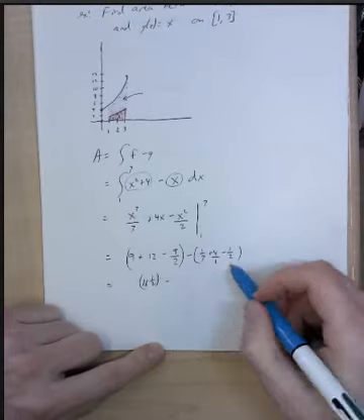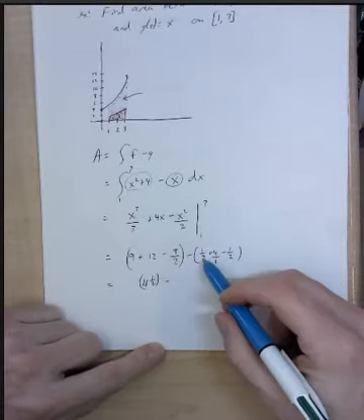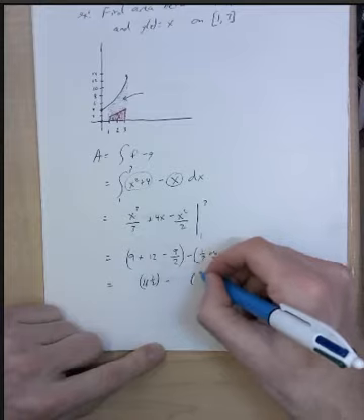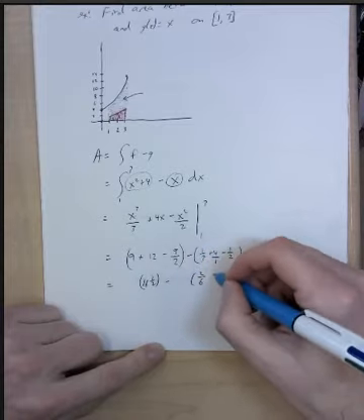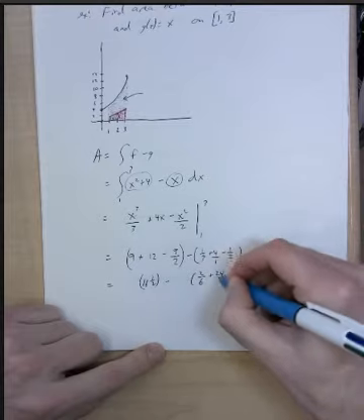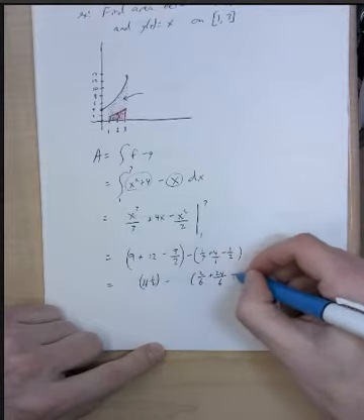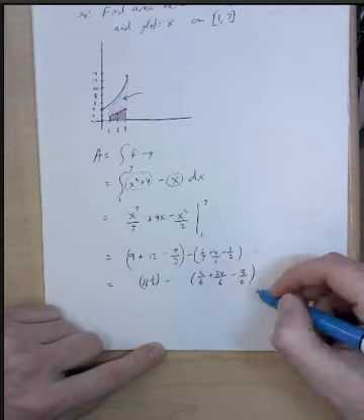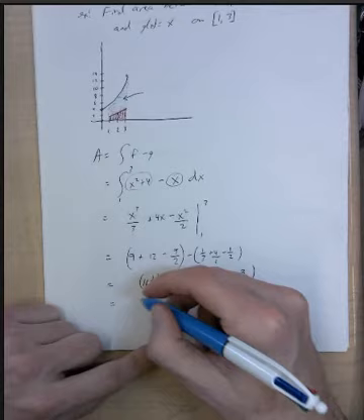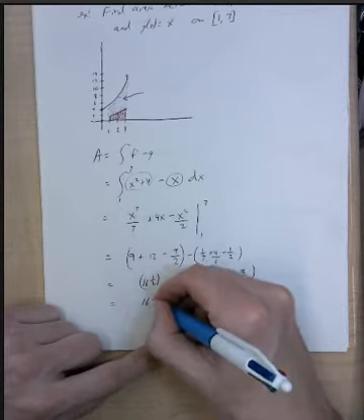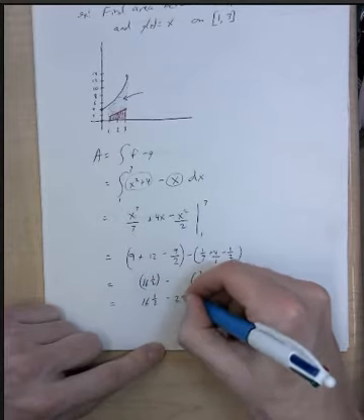And here we need 6s, so we have 2/6 plus 24/6 minus 3/6, which makes 26 minus 3 is 23 over 6. So 16.5 minus 23 over 6.